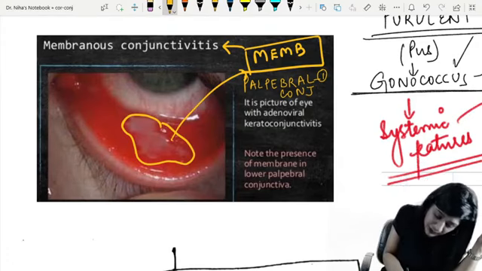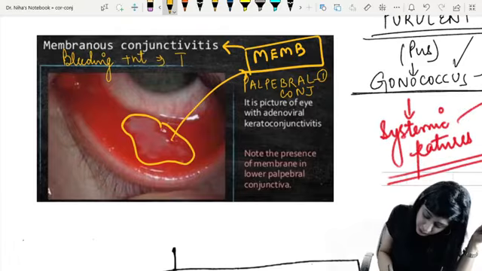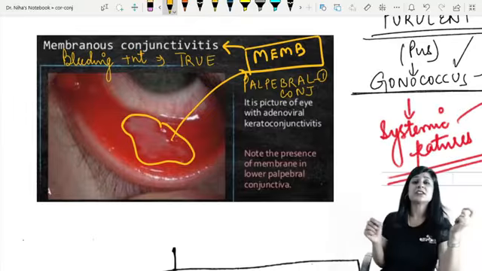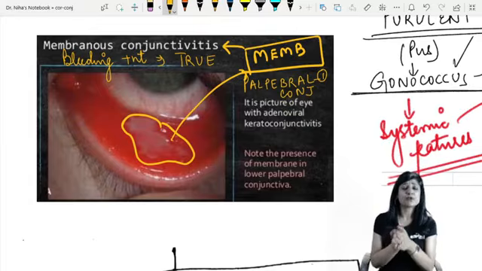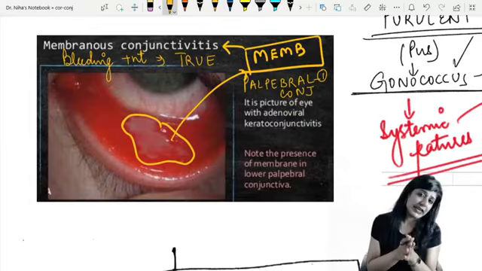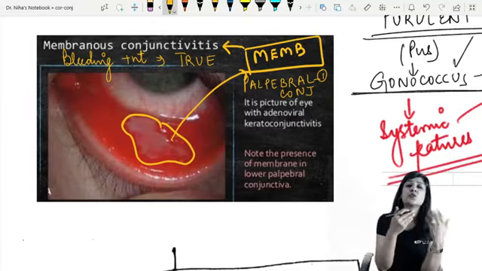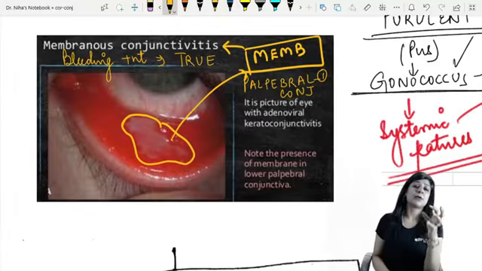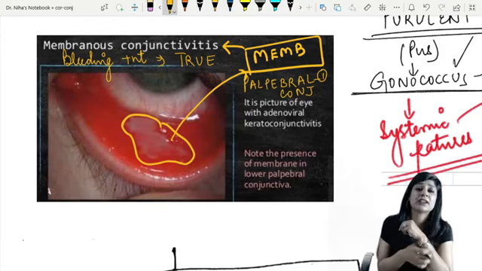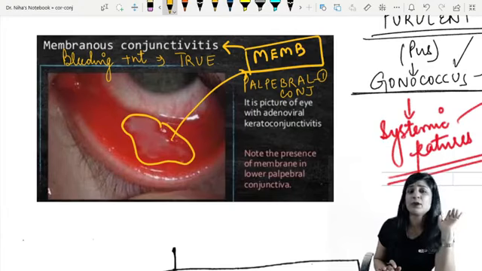So if I have bleeding present, then this is called the true membranous conjunctivitis, and obviously if the bleeding is absent, then it is a pseudo membranous. So most of the times the question that you get in cases of membranous conjunctivitis is how to find out whether it's a true membranous conjunctivitis or it's a false membranous. In true membranous the membrane is densely adherent on the palpebral conjunctiva, while in the pseudo membranous it is just loosely adherent, so there will be no bleeding.